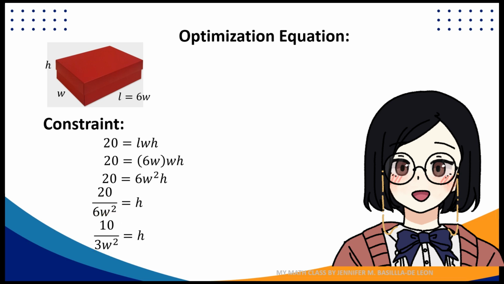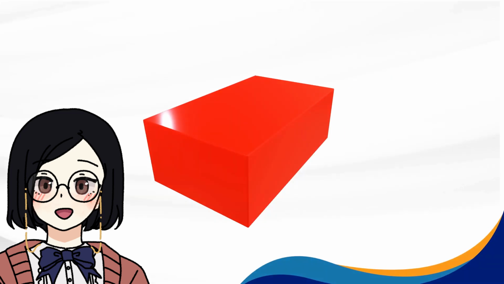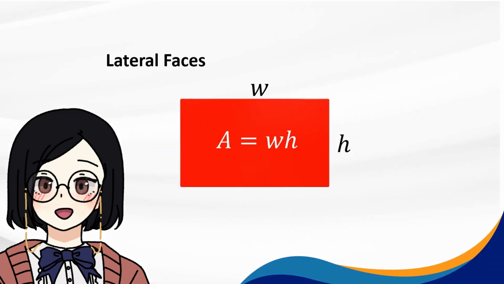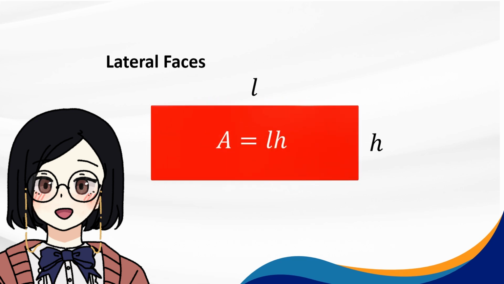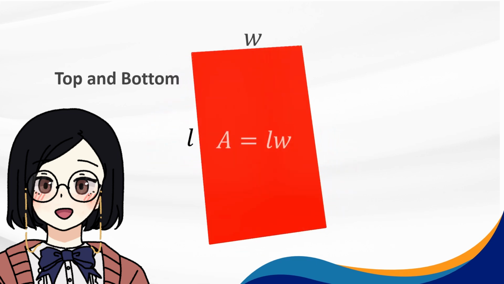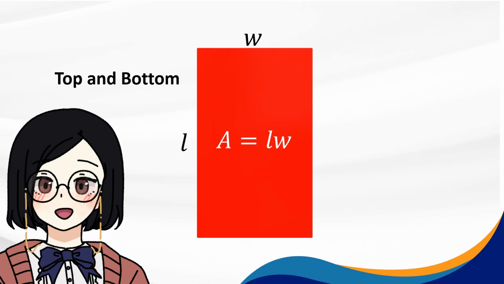We have 4 lateral faces, 2 with area W times H, and 2 with area L times H, costing 3 pesos per square inch. Additionally, the top and bottom each have an area of L times W, costing 15 pesos per square inch.